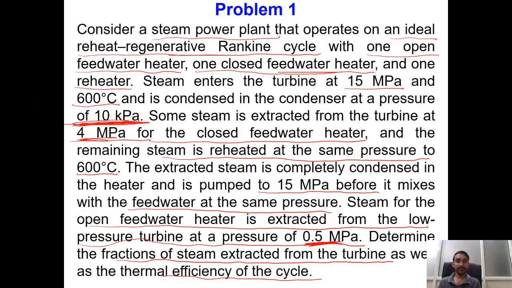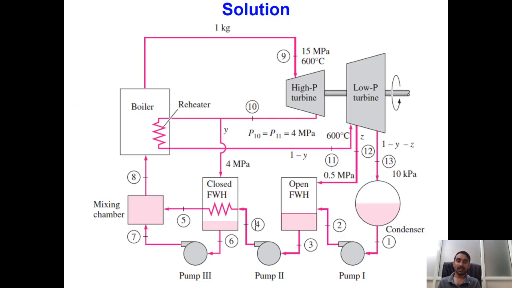What we have in our slides, first, is our block diagram. This is the entry point to the turbine after the boiler. Then we have a high pressure turbine, and after the high pressure turbine, at a pressure of 4 megapascal, we have taken a certain fraction Y and passed it into a closed feed water heater.